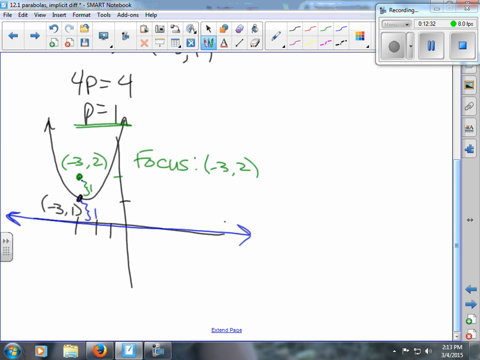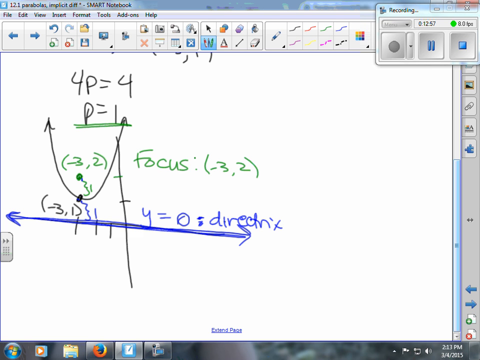So this point is 1 away from both the focus and the directrix. And so if this line here, which is horizontal, so that means it's a y equals, is just 1 below the point negative 3, 1, then that means it lies where y is 0, and so it's the line y equals 0. And so this is my directrix.